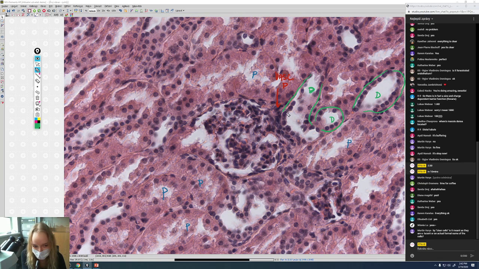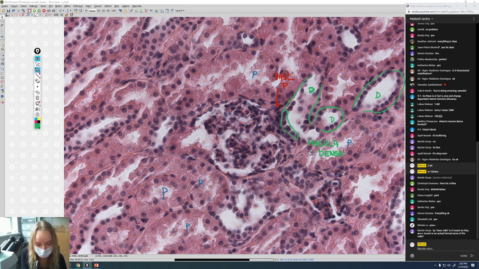The cells which are lining the distal tubule are going to change to cells which are called macula densa. Macula densa. I don't know if it's the right name also in English. Macula densa, dense macule, like the dark spot, I guess is the translation.